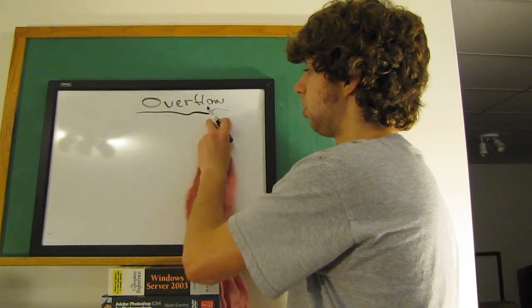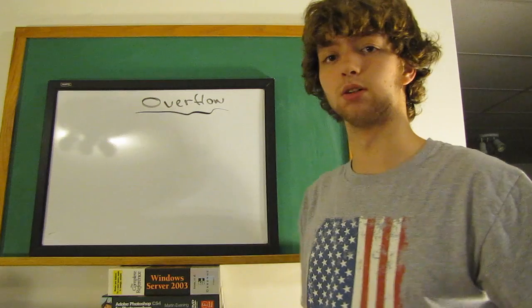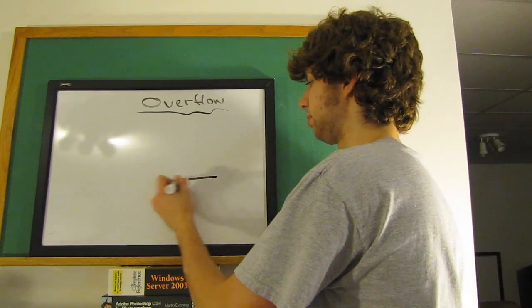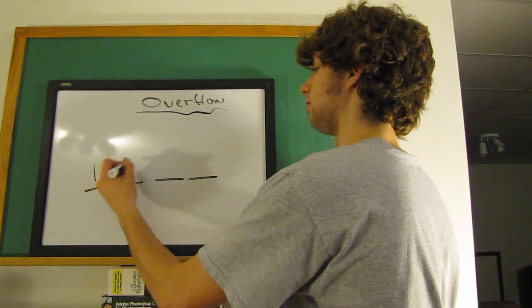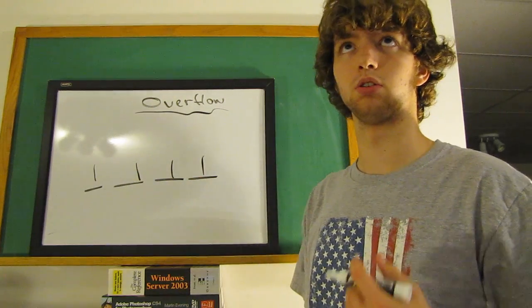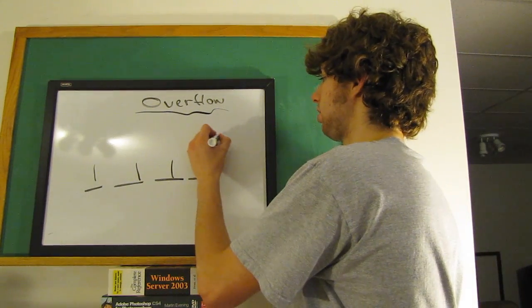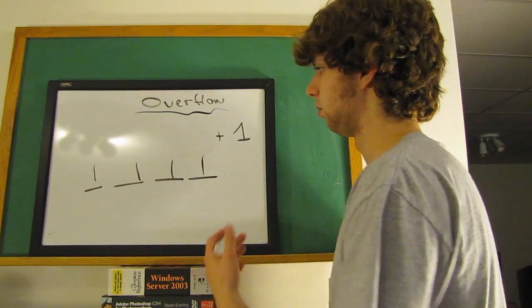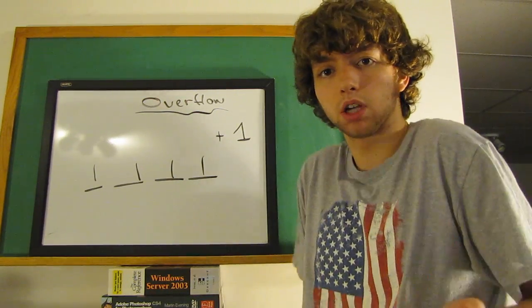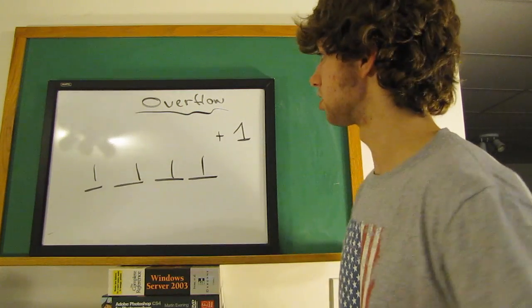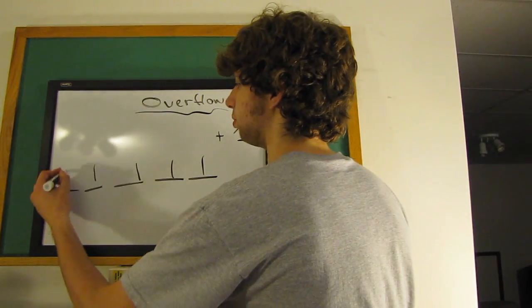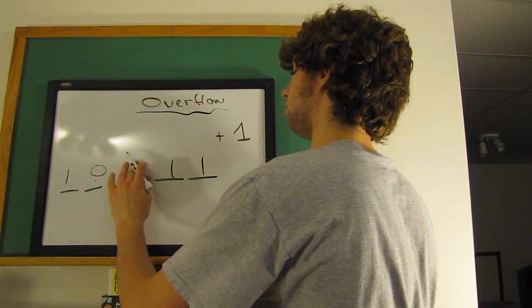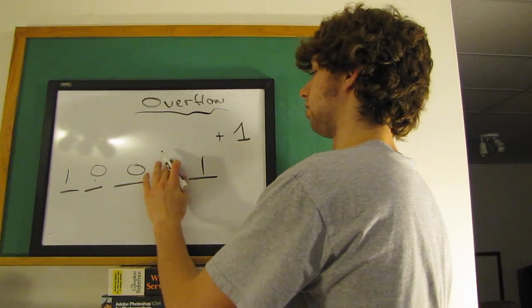Alright, so overflow is a system. What if we have this 4-bit value and we have 1111? And then we want to add 1 to it. Well, what do we do? Because normally we would just put a 1 here and we would turn these all into zeros, correct?